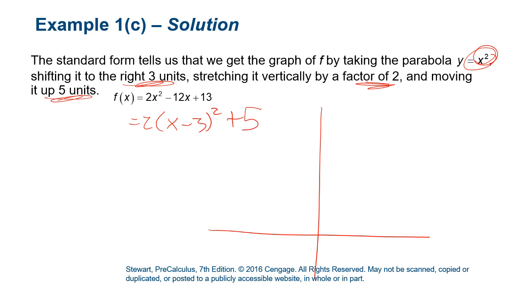we would go right 3, 1, 2, 3, okay, and up 5, 1, 2, 3, 4, 5. We're going to be an upward parabola here. All right.